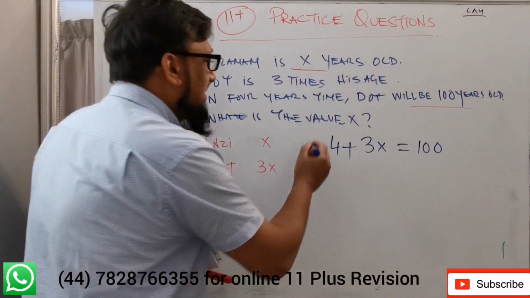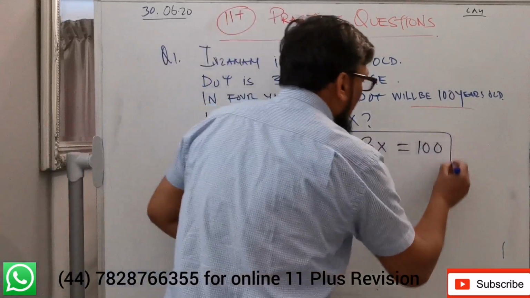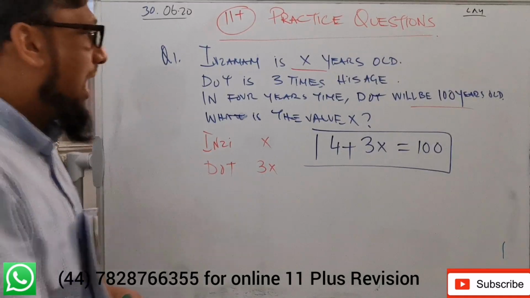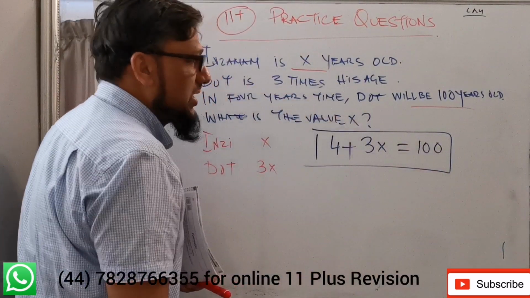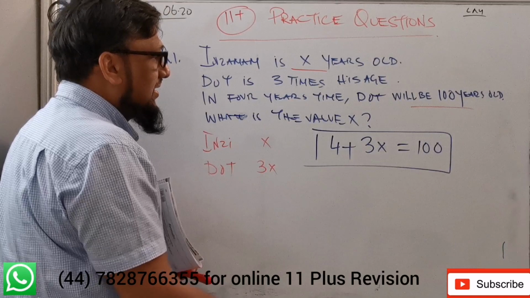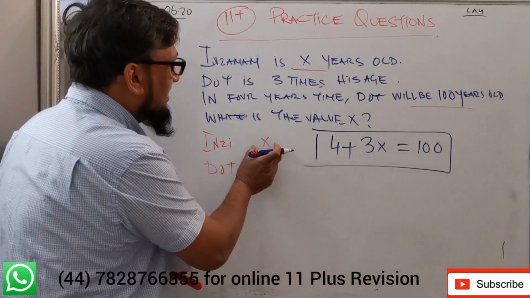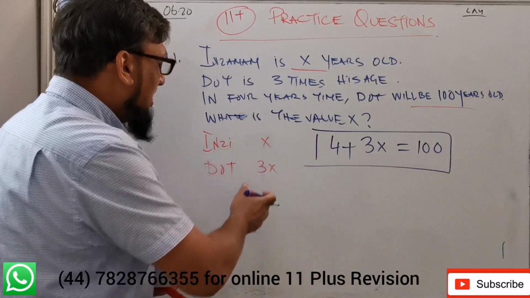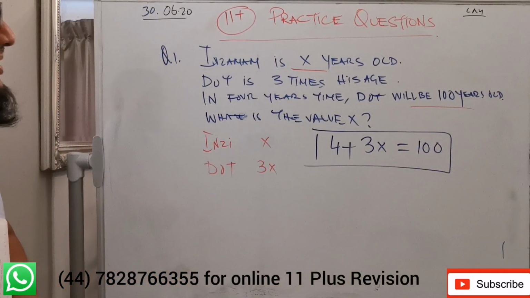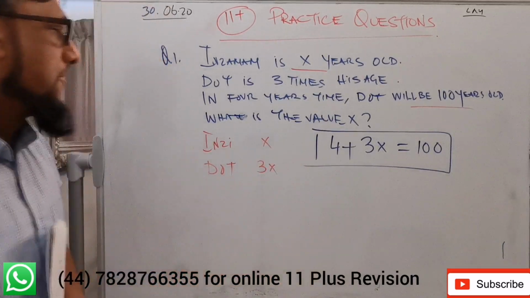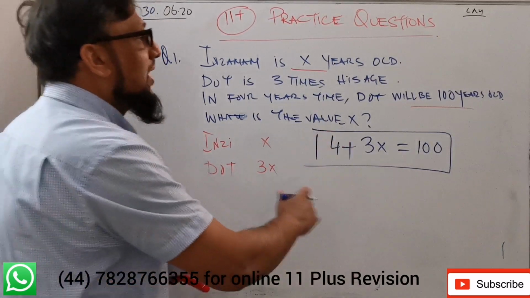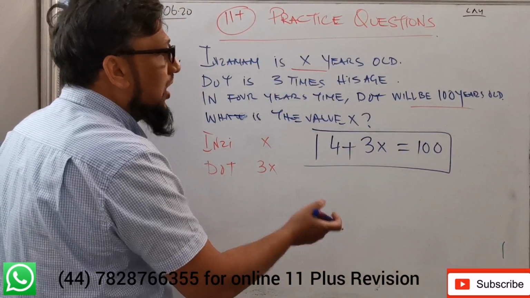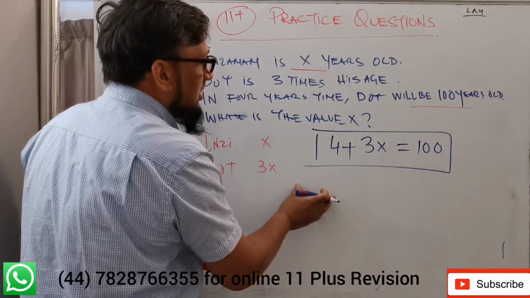So this is an equation which we need to create. How did I create this equation? It says Inzi is X years old and Dot is 3 times Inzi.